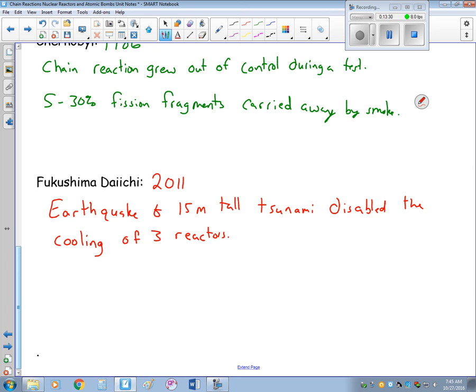And this is what caused the nuclear accident. So all 3 cores largely melted in the first 3 days.